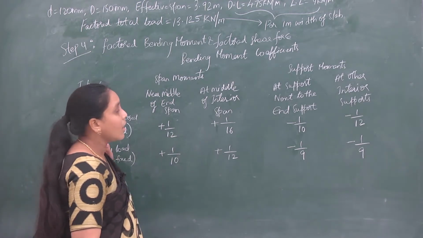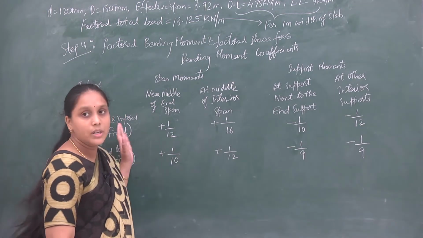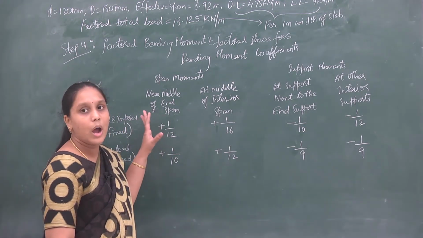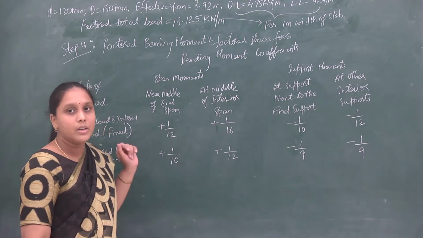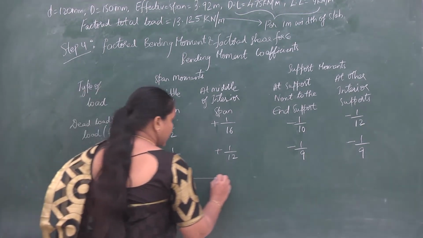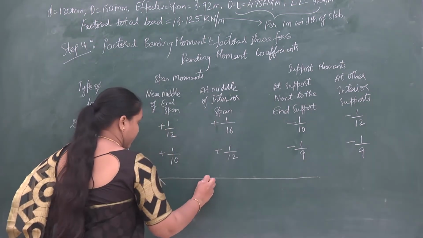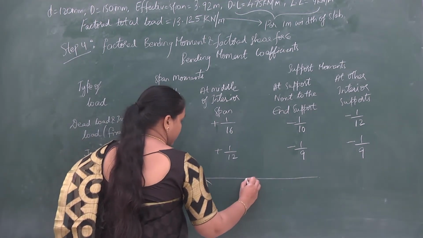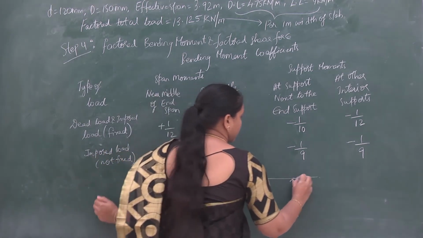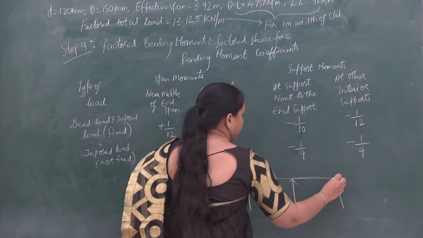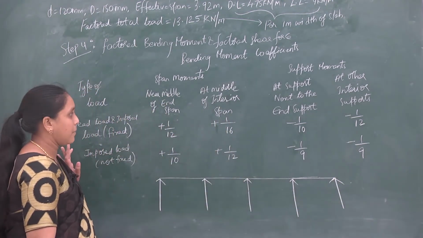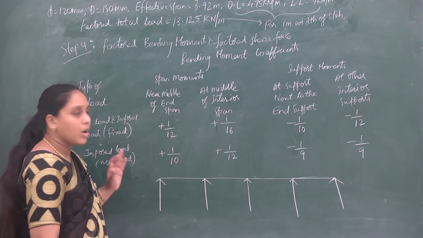Now let us first draw the continuous slab, then we will know how to assign the bending moment coefficients. Previously we have already drawn the continuous slab. So this is our continuous slab. What are the loads we have?